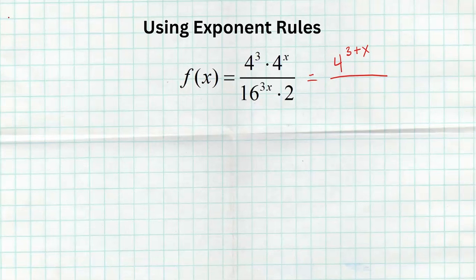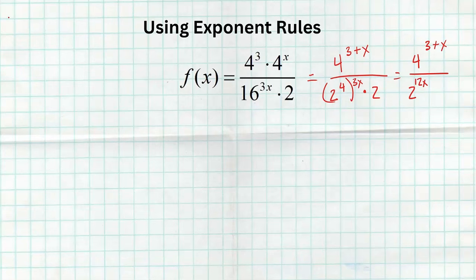Now in the denominator, the first thing I want to do is get some bases that are the same here, right? So I could write 16 as 2 to the 4th. But it already has the 3x there. And what do you do with the double power? You multiply, and then times 2. So on top, I have 4 raised to the 3 plus x. In the denominator, I have 2, and then 4 times 3x is 12x.